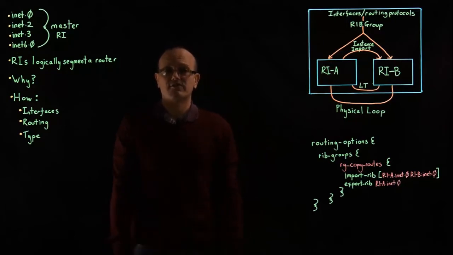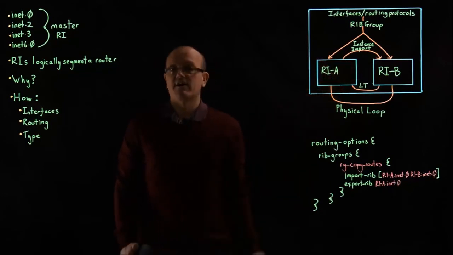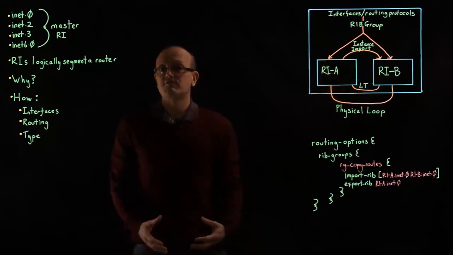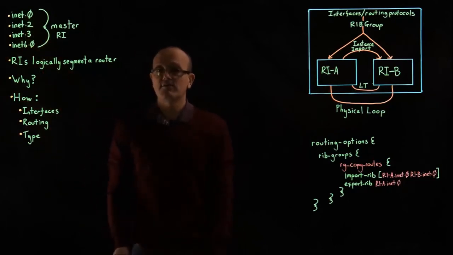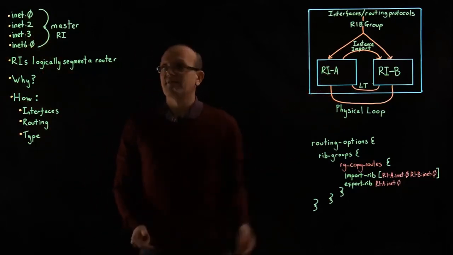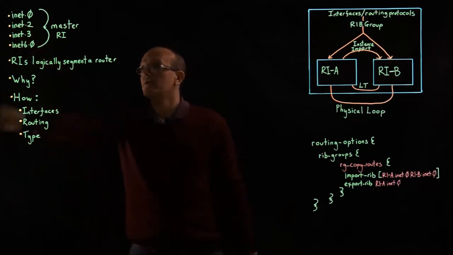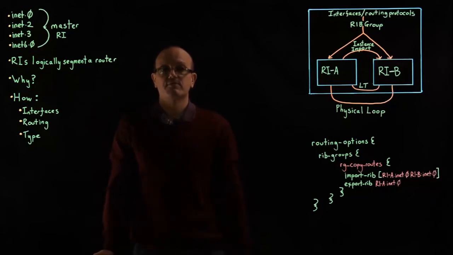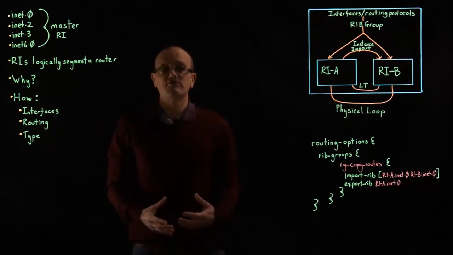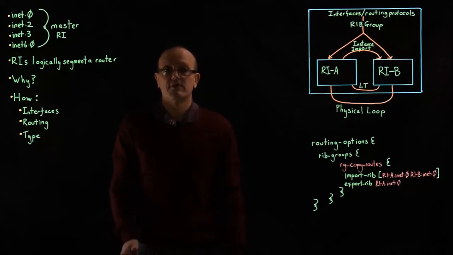Now within that routing instance RI-A, you have the routing table RI-A.inet.0, RI-A.inet.2, and so on for all of the other routing tables. So this is what happens with routing tables when you create new routing instances.